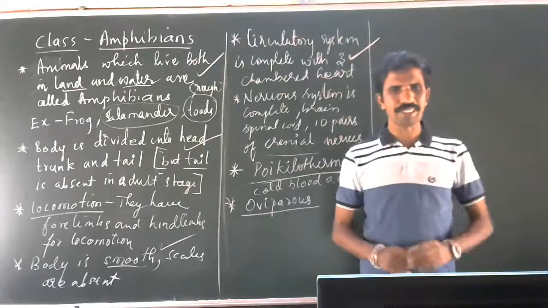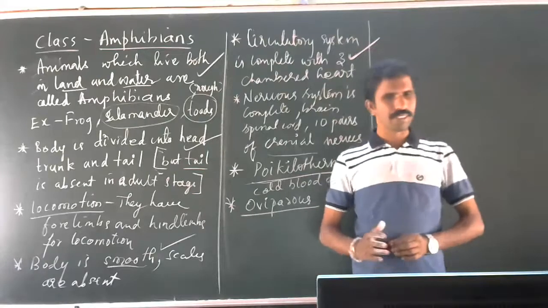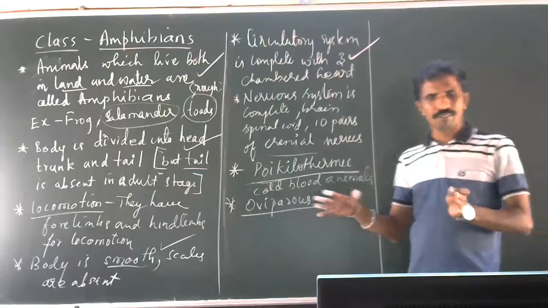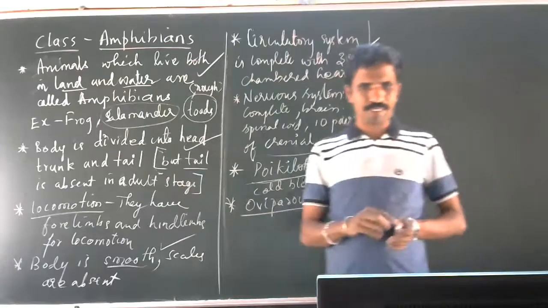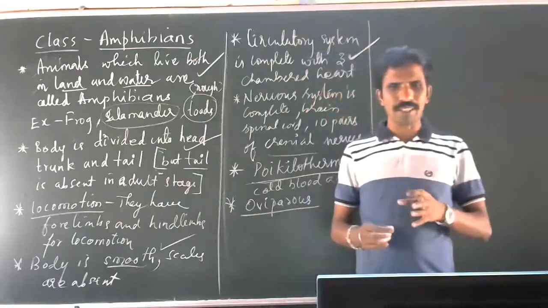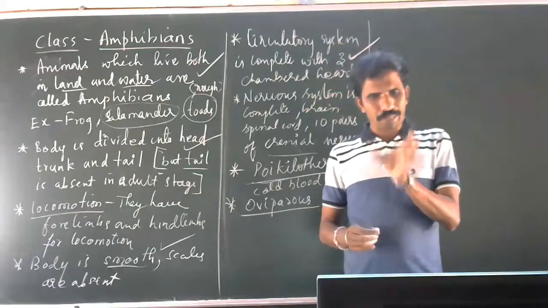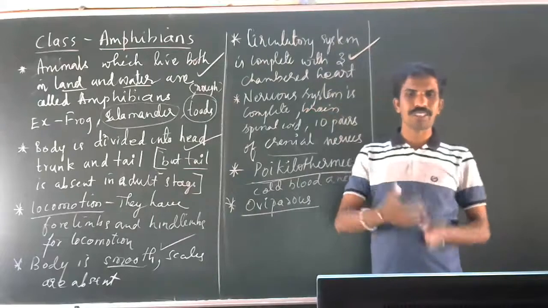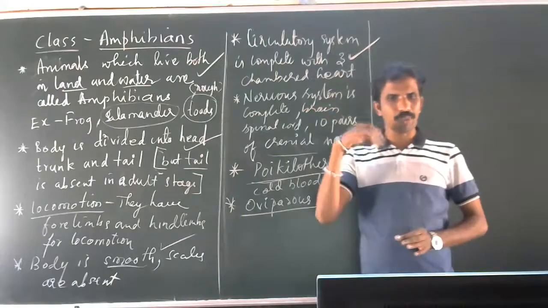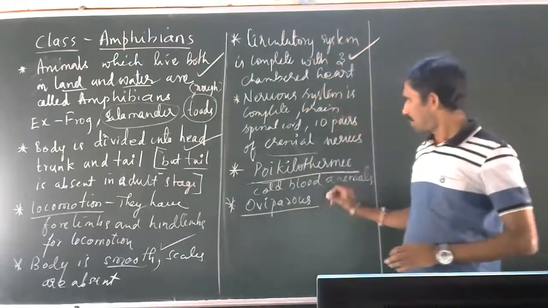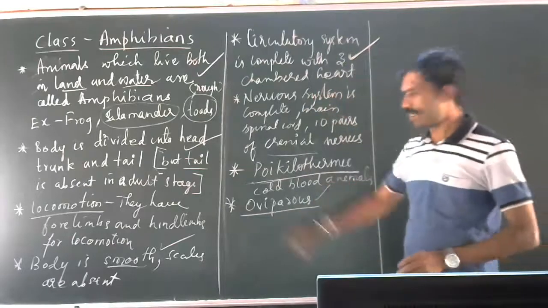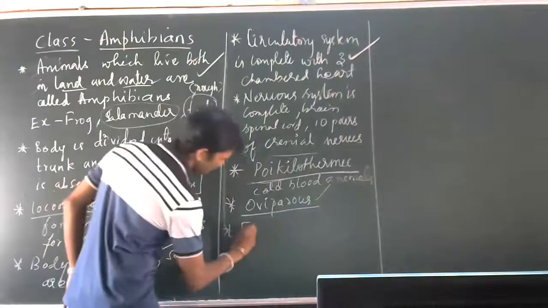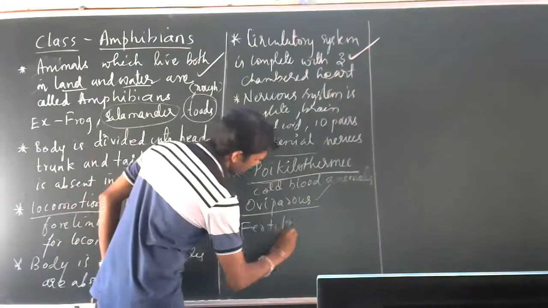Actually, it is not so. At the start of the rainy season it is the frogs' reproductive season. That's why they attract the opposite sex for reproduction, and make a unique sound during that time. So they lay eggs. That's why they are called oviparous. Fertilization.